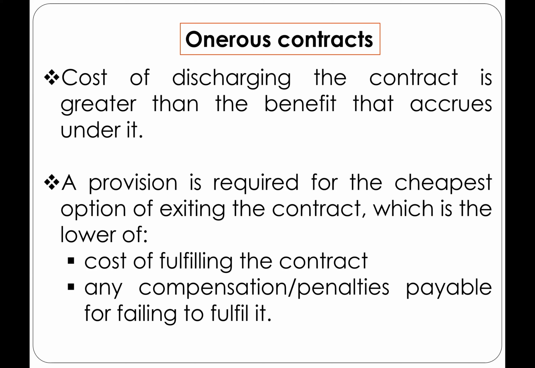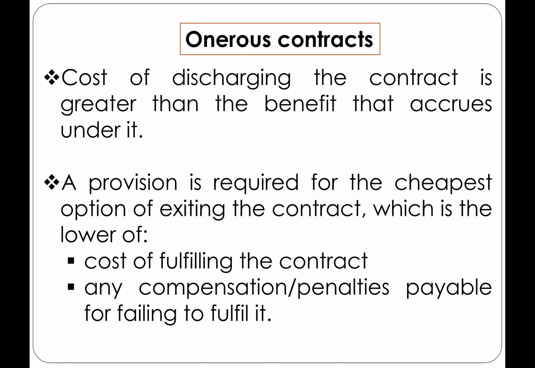Let's say, in the example that I've given, you have a lease contract for the next 3 years, but you are feeling that I'm actually paying more than what I'm actually getting as revenue. Then you need to then say, if I stop selling goods at this particular premises, how much rentals am I going to be paying over the remaining period or the remaining tenure of the lease?